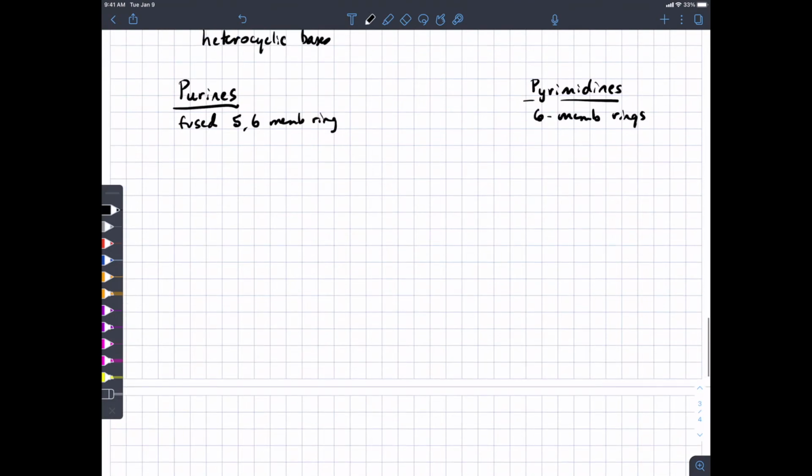Okay, so adenine is a purine, and it has this structure. And actually, the carbon and nitrogen bonds in each of these bases is pretty well the same within each class.